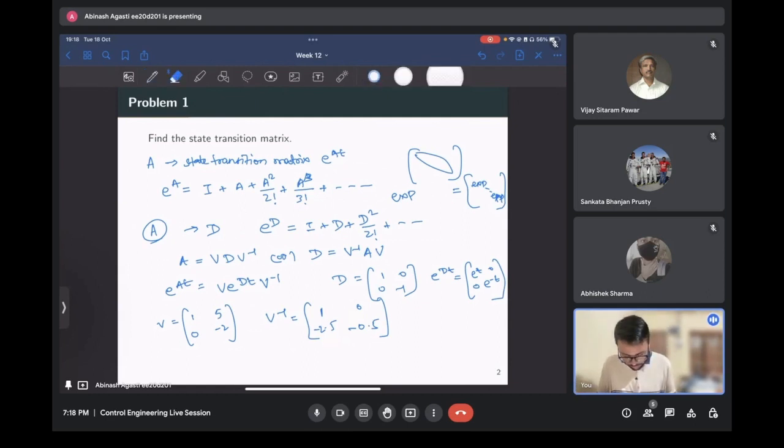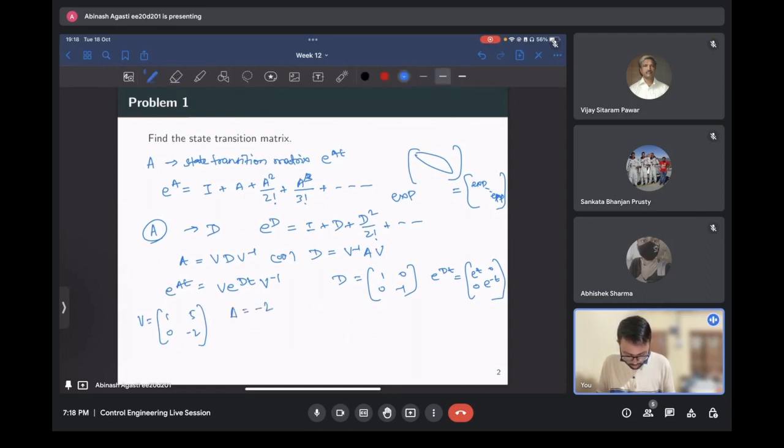Let's do it here. Right, so the determinant is minus 2, right?